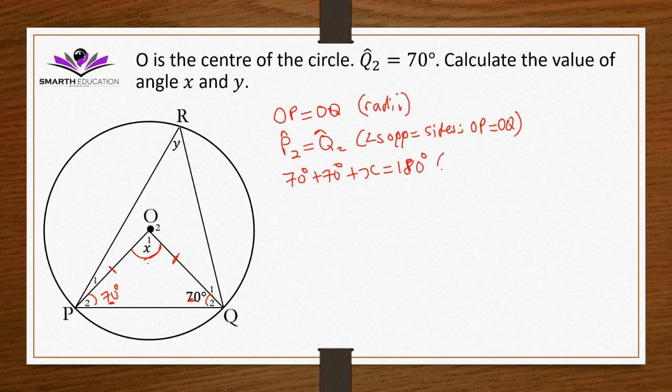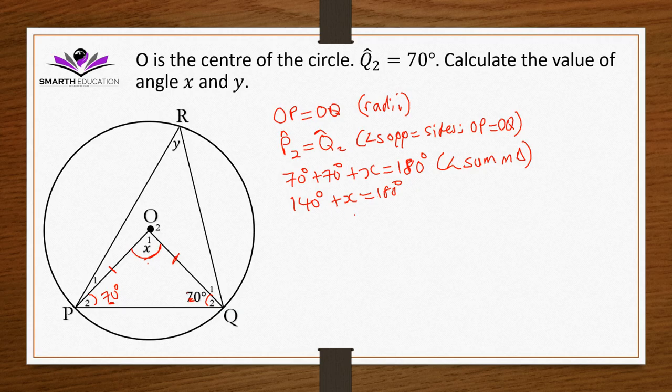Why? Because this is the angle sum in a triangle. And then this is 140 degrees plus x is equal to 180 degrees.